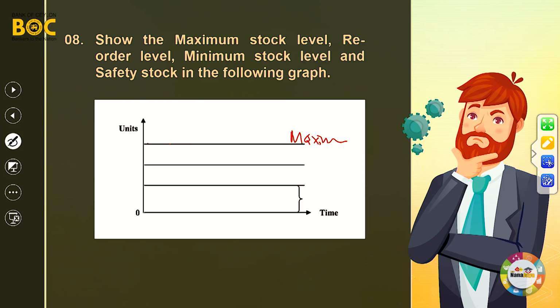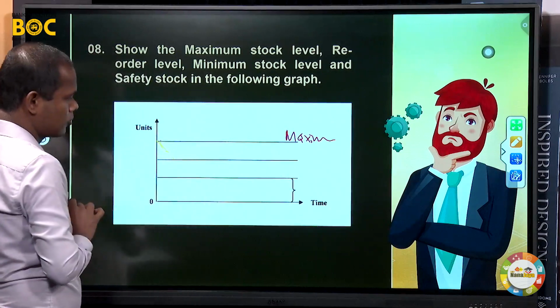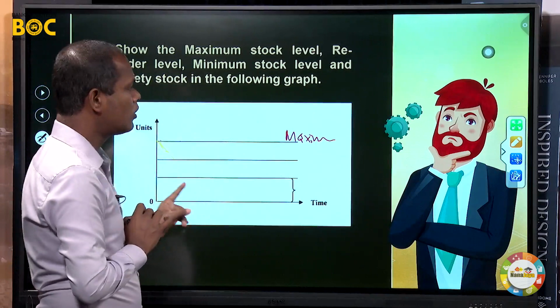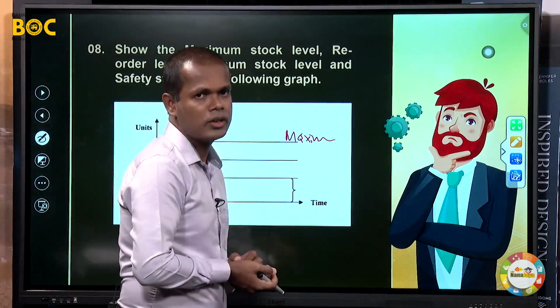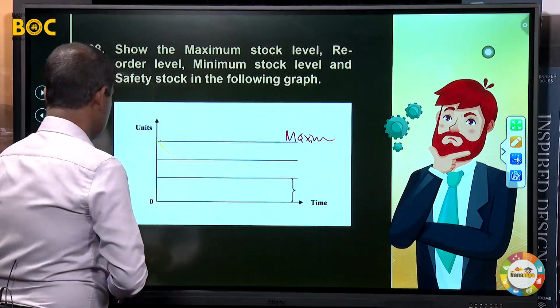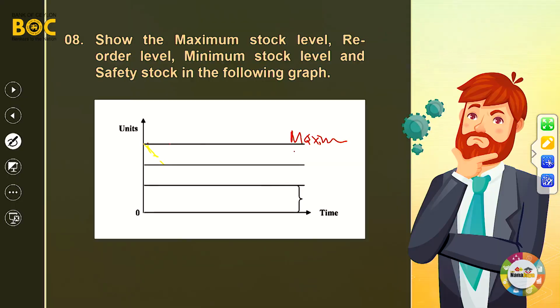With the consumption of your stock, the stock level reduces, it comes down. When it comes to a certain level, you inform your supplier to deliver material. This is called the reorder level.